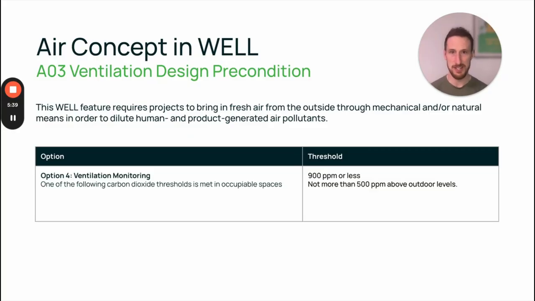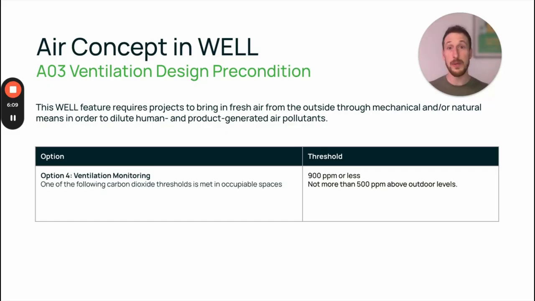A03, ventilation design. This precondition is really just about making sure that your building has good ventilation. The option here for continuous monitoring is option 4 under A03, and it's essentially just showing that your long-term CO2 levels are within a certain threshold, under 900 ppm or less than 500 ppm above outdoor levels.